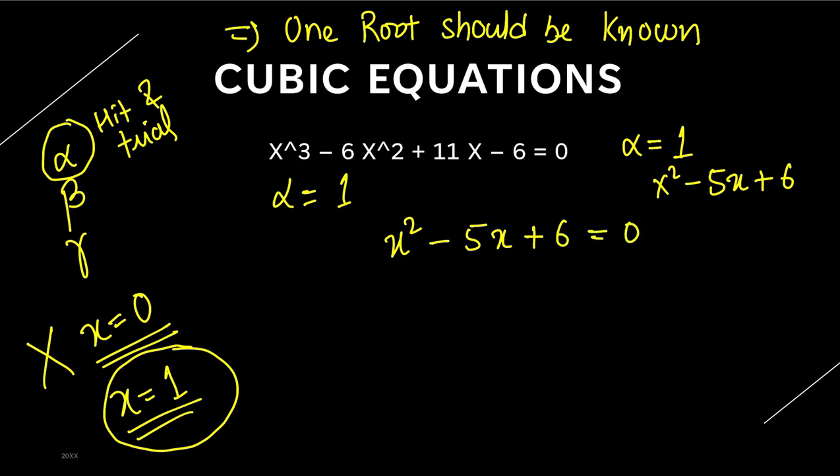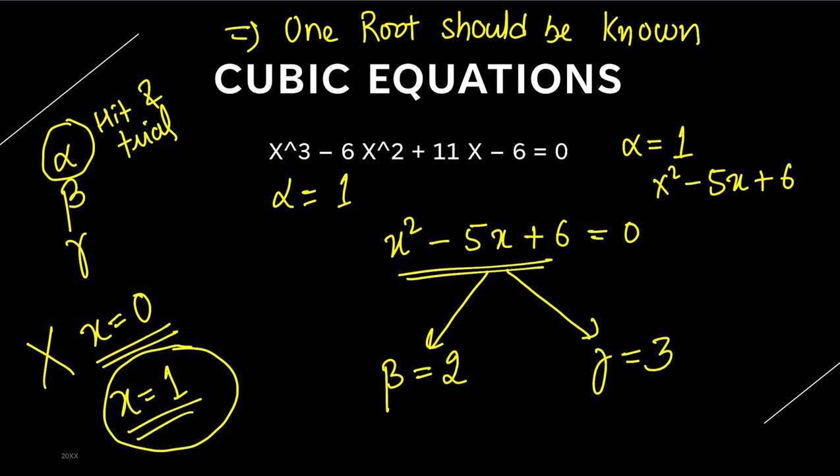Can you find two roots from this quadratic equation? Yes, you have two methods which we discussed in the earlier video, and if you solve them, you will find the two roots as 2 and 3. So finally, this cubic equation has three roots, 1, 2 and 3.